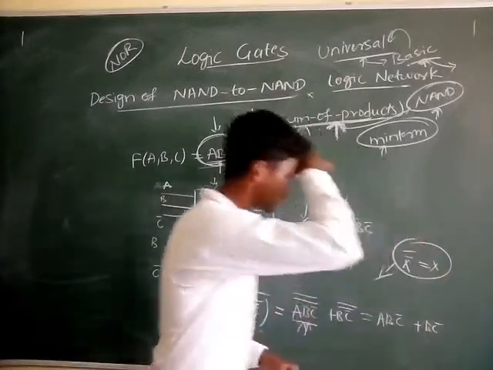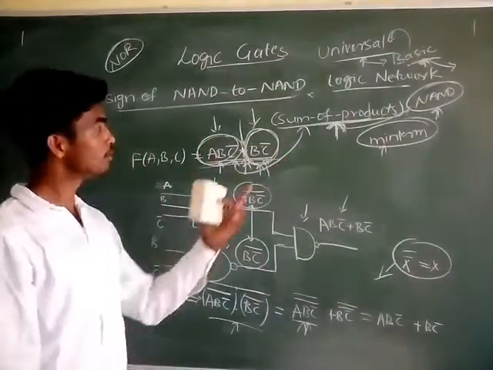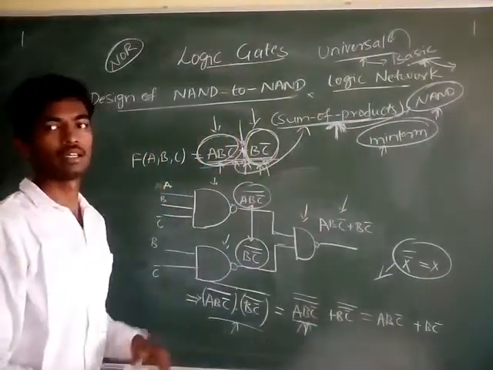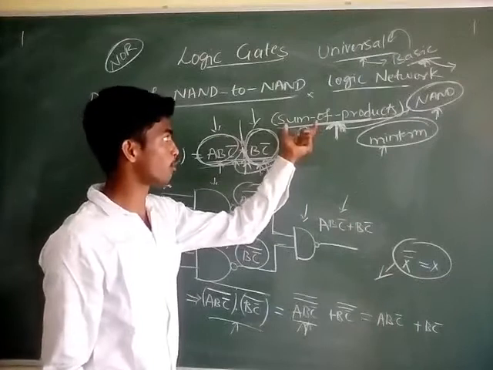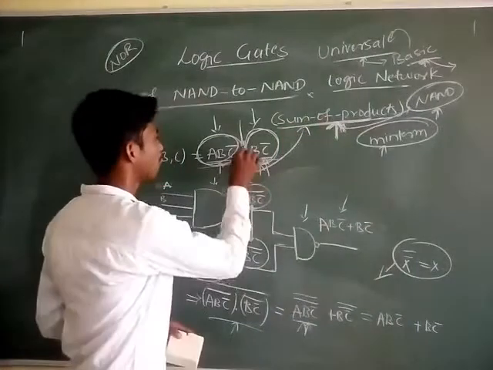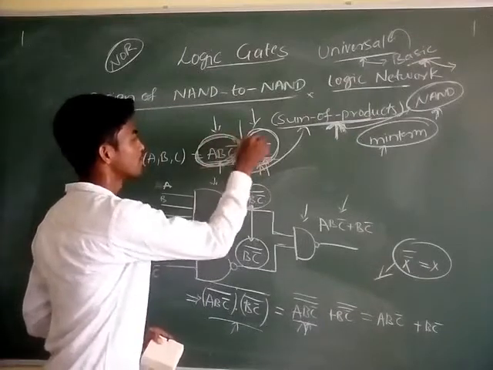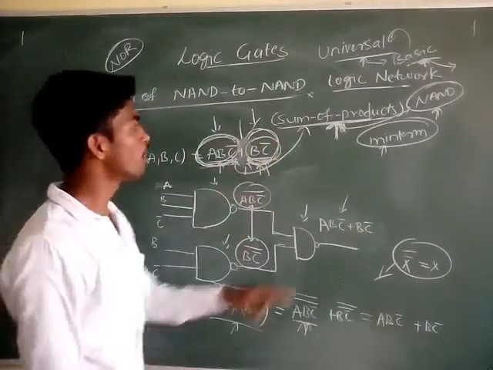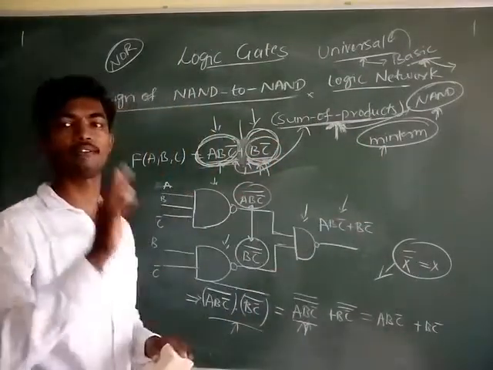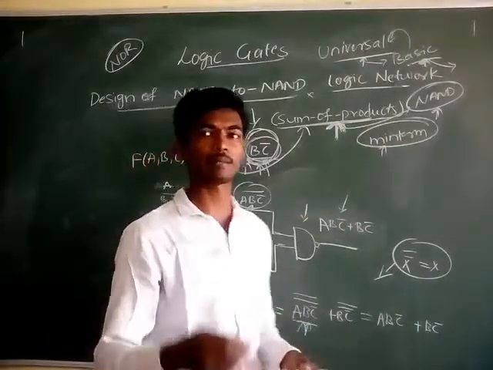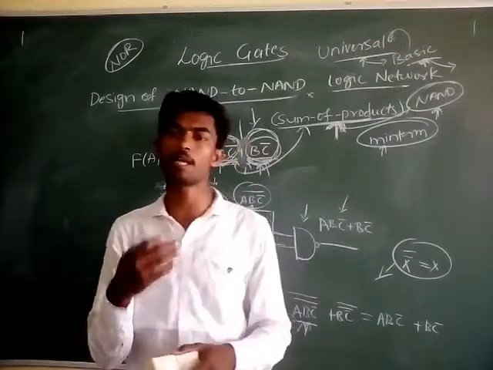B C complement. This is what we say when they have given a Boolean expression in the form of sum of products. When they give the sum of products expression form, we can replace every gate, that may be a NOT gate, a NAND gate, an AND gate, or an OR gate.